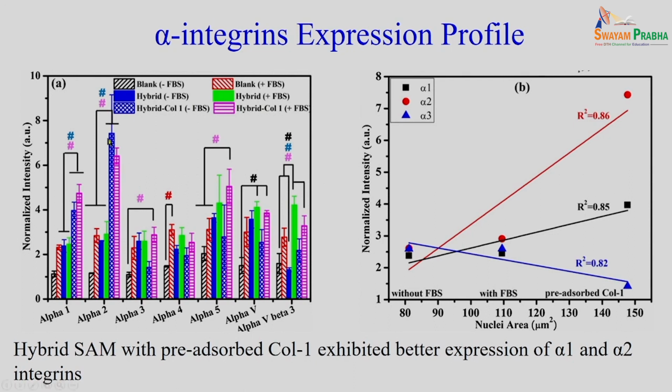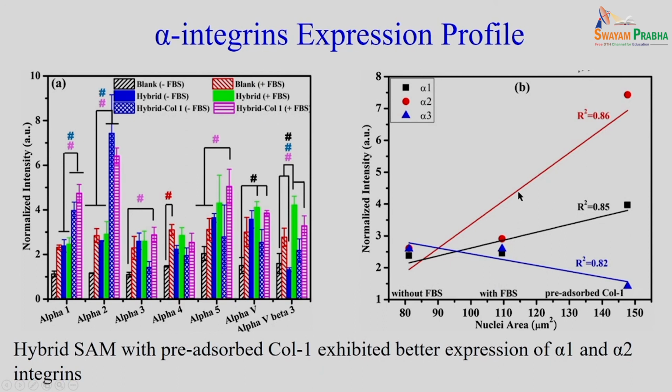So, one can relate the cell adhesion behavior with the integrin expression, because cell adhesion is expected to be mediated by cell adhesive molecules like integrins. Here we analyzed alpha 1, alpha 2 and alpha 3 integrins for all three cases: without FBS, with FBS, and the surface with pre-adsorbed collagen.